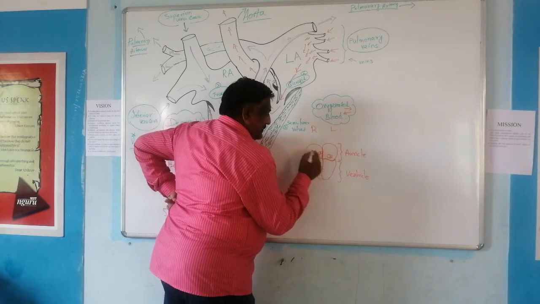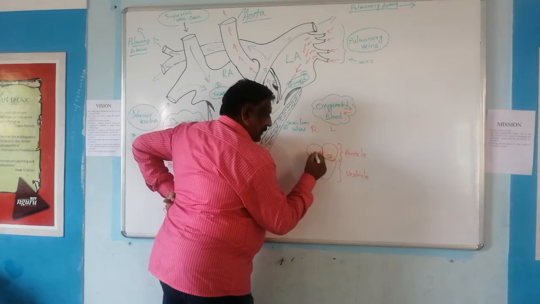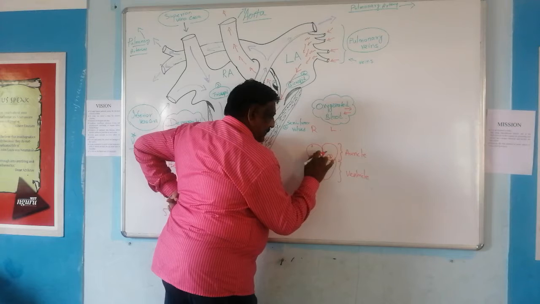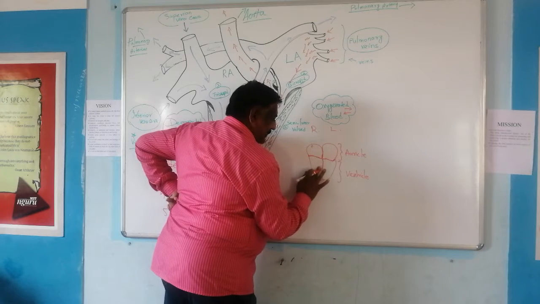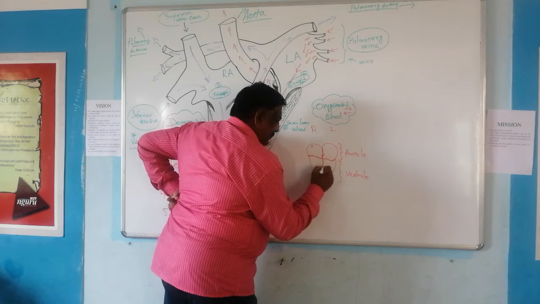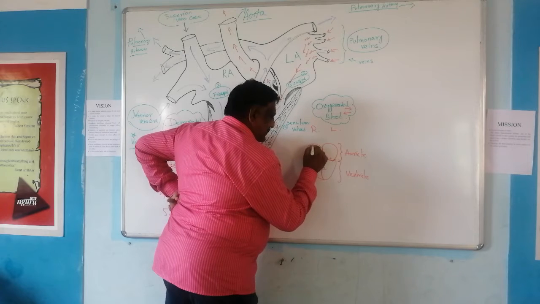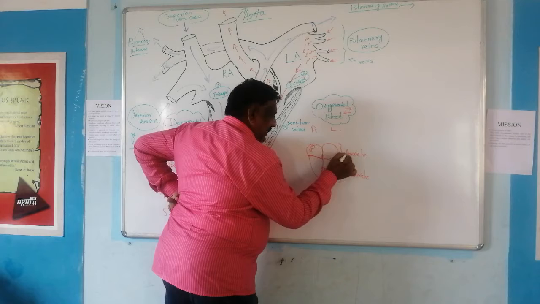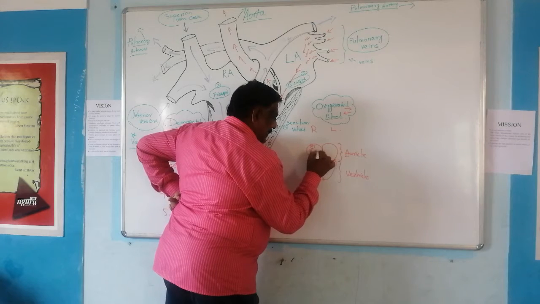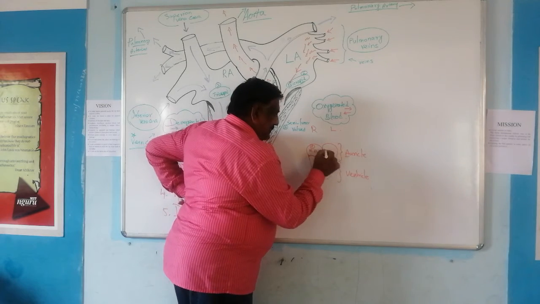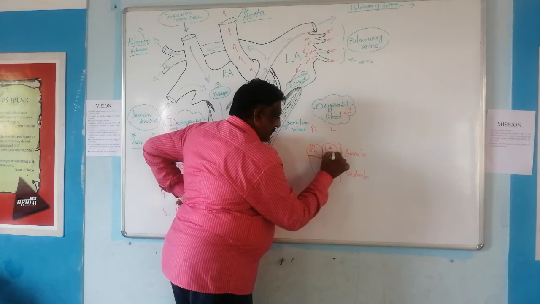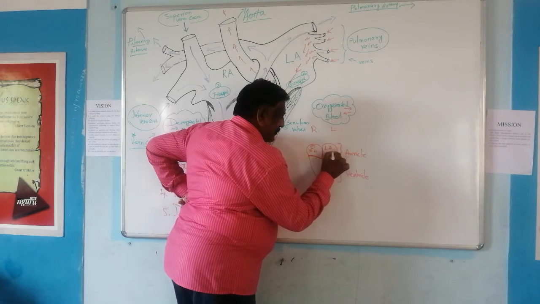Now we have to name this. How many chambers are formed? I will take the circles so that this will not confuse. This is 1, 2, 3. Chamber 1, right side, is the auricle, so I have mentioned A. And this side, left side, is also an auricle, chamber 2.